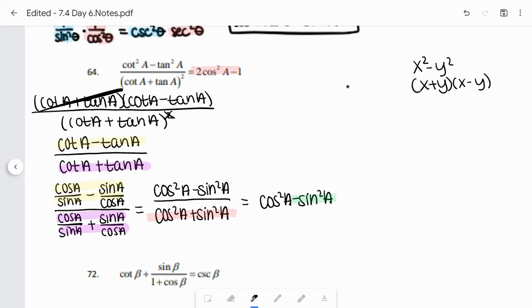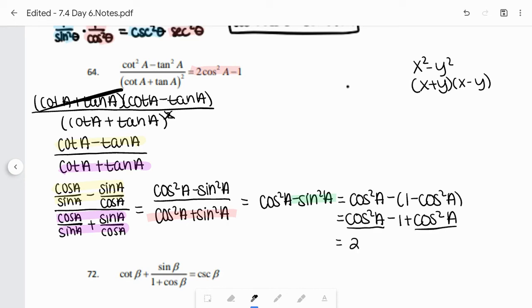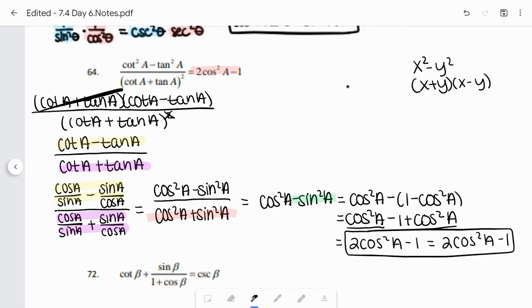So we're going to rewrite this as cosine squared of A minus the quantity 1 minus cosine squared of A. Okay, now if we distribute that negative, I will end up having cosine squared A minus 1 plus cosine squared A. Now I can just combine my like terms, and I end up with 2 cosine squared A minus 1, and that equals 2 cosine squared A minus 1, which was our right-hand side of that equation.